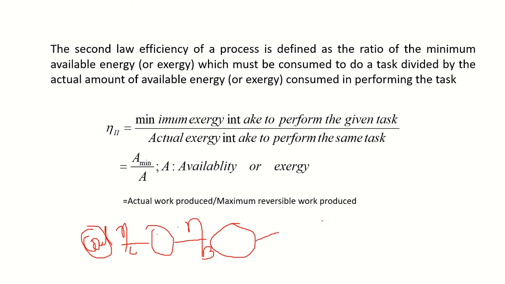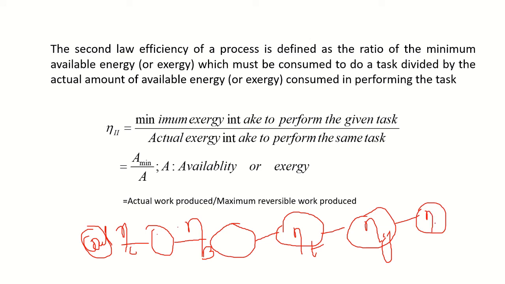Then you are talking about pipelines and other things, then there will be losses. Next you are talking about turbine efficiency, next generator efficiency, next transmission efficiency. Finally it comes to the user. Correct?